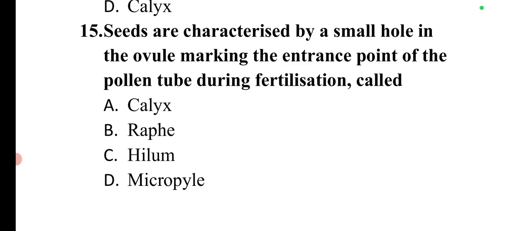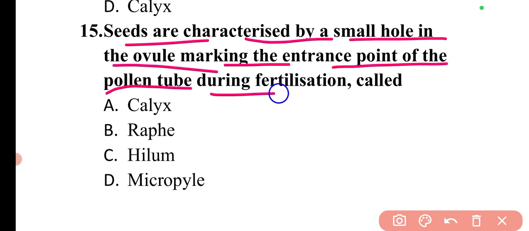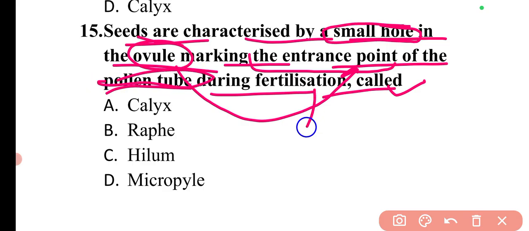Then next question is, seeds are characterized by a small hole in the ovule marking the entrance point of the pollen tube during fertilization, called. So basically when fertilization occurs in plants, the pollen tube will enter the ovule part, and in the ovule there is a marking entrance point.